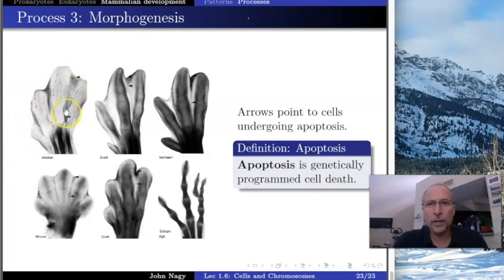They start turning on that cell suicide program I mentioned earlier. And they start committing suicide, and they die back, and they die back, and they die back, until eventually the fingers will then separate. There you can really see these cells right here are dying at a very, very high rate, until eventually the fingers separate. And that's true in all vertebrates. All vertebrates will end up eventually with 5 fingers.